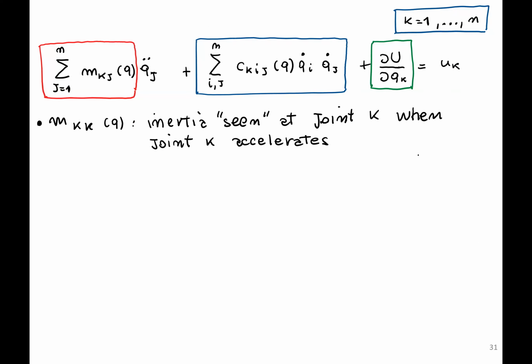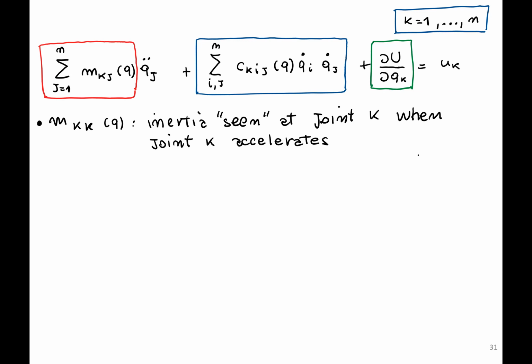So to do some analysis, if we consider, for example, the term of the inertial matrix which is kk, so the one on the diagonal, we can say that this is the inertia seen at joint k when joint k accelerates, and will bring all the joints that are after this joint.